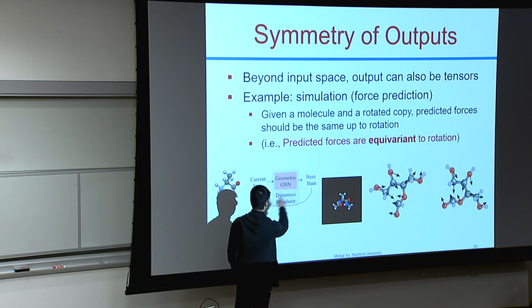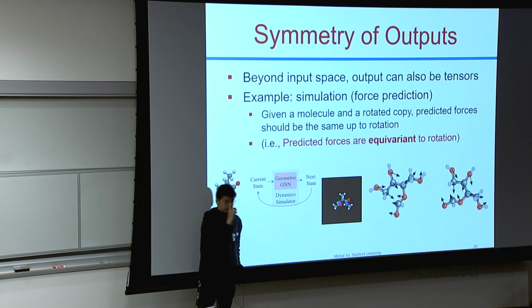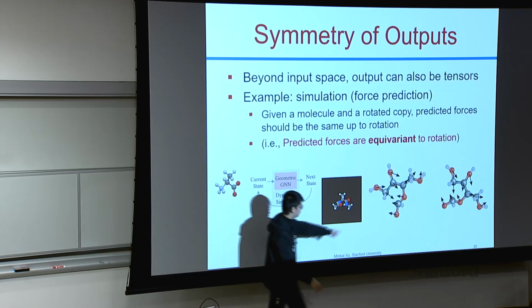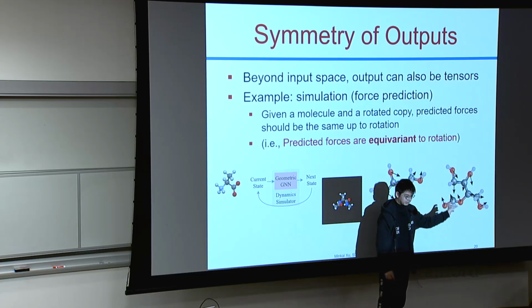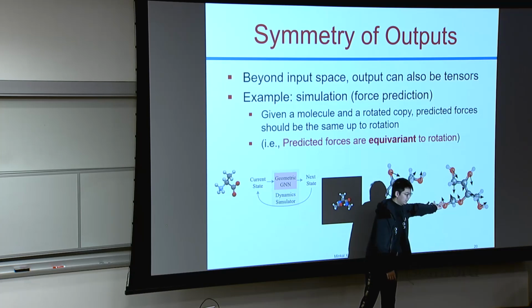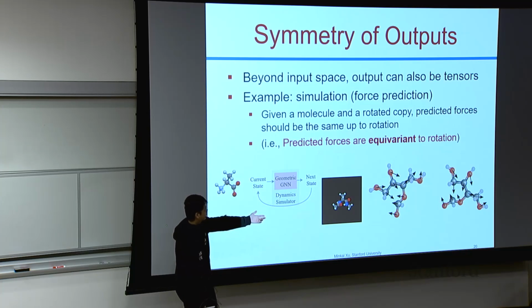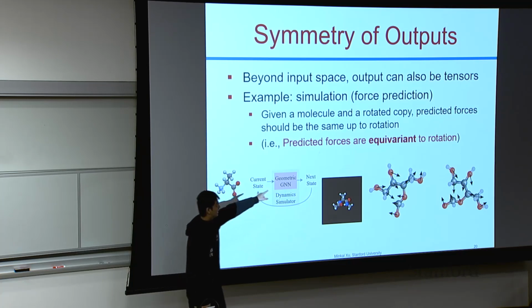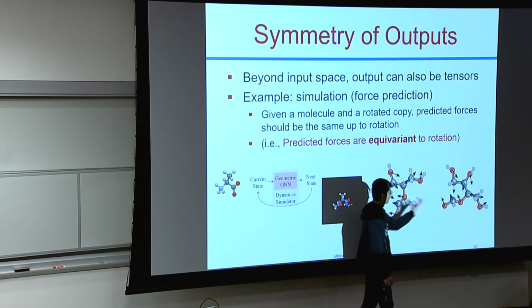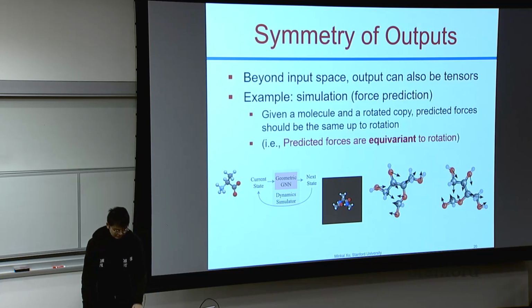When we do optimization or simulation of the molecular structure and we rotate the input, we want the predicted force to rotate together. But when we do translation, the predicted force should stay the same. So there is also a symmetry consideration in the output space, for which we use the word equivariant. Input changes, output changes together. So this is formally named equivariance.